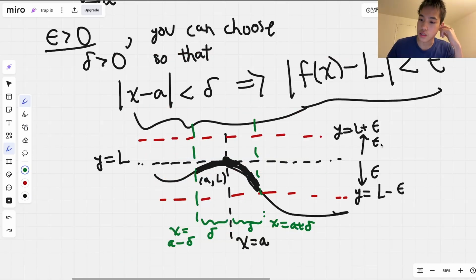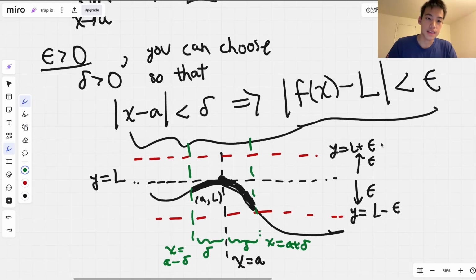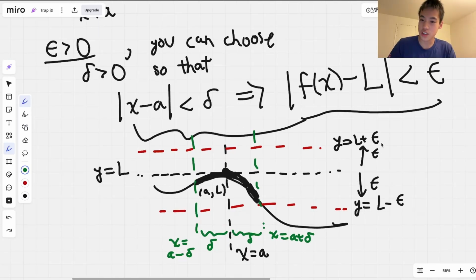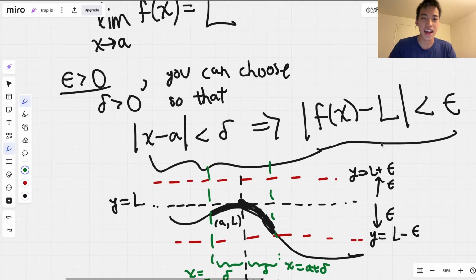Epsilon is just the radius of the pair of horizontal lines, epsilon above, epsilon below. And delta is the value that you're going to pick, delta to the left, delta to the right for the vertical lines. So that is basically what trap the function is. It's the delta epsilon definition of a limit.